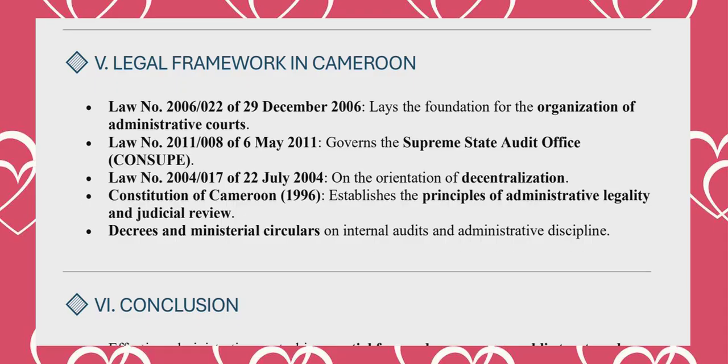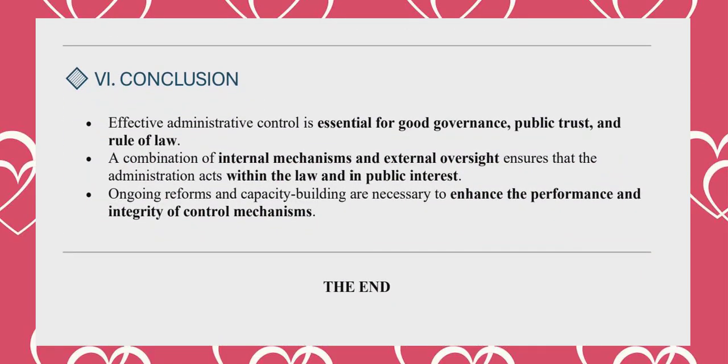Conclusion. In our class today, we have been looking at administrative control and control of the administration. After defining, we looked at the objective. We looked at the types of administrative control and control of the administration. Then we said they have internal control and external control.